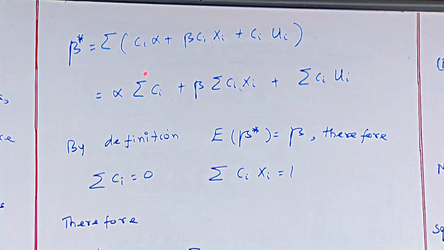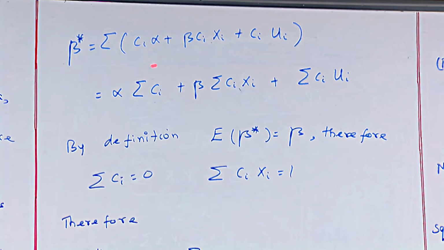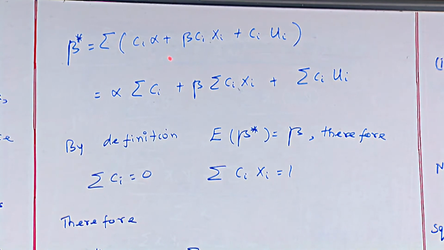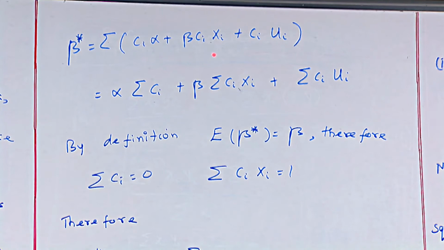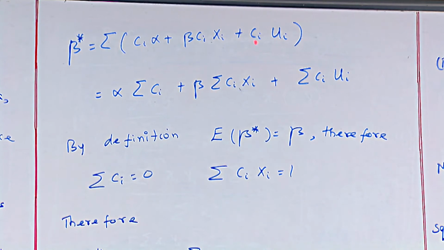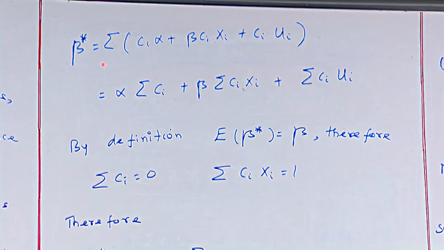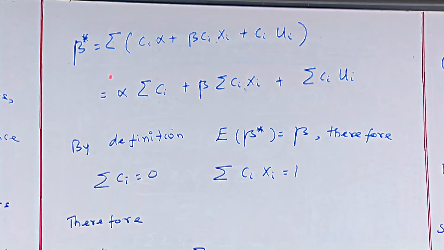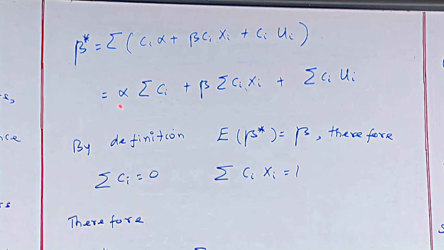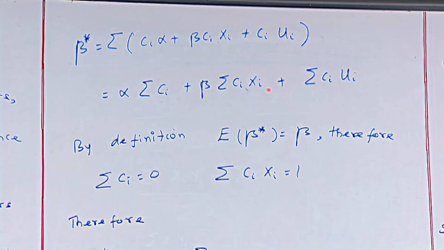We multiply ci with each of the terms in the previous expression. We get sigma ci alpha plus beta ci xi plus ci ui. Taking the sigma into the expression, we get alpha into sigma ci plus beta sigma ci xi plus sigma ci ui.